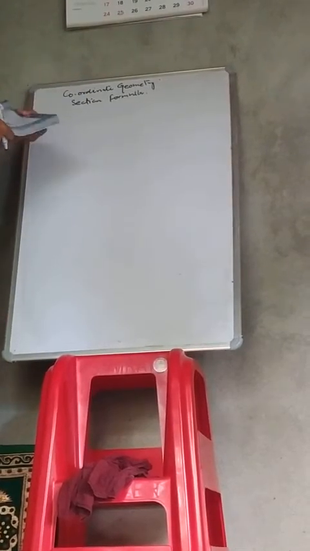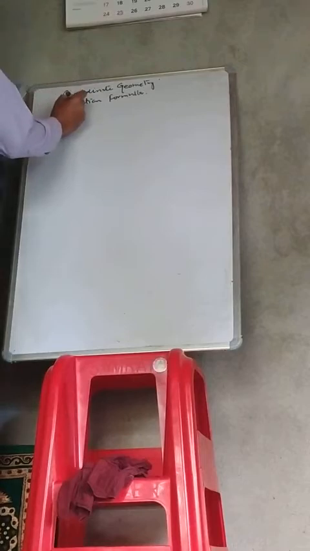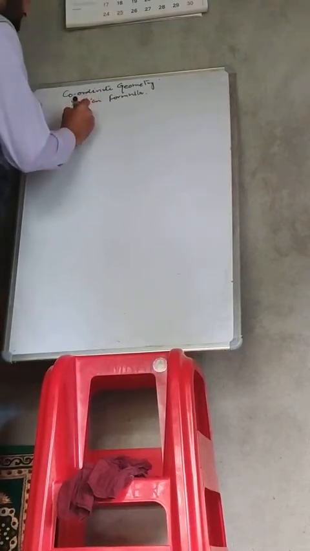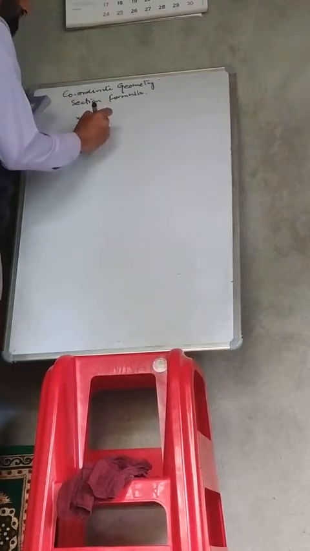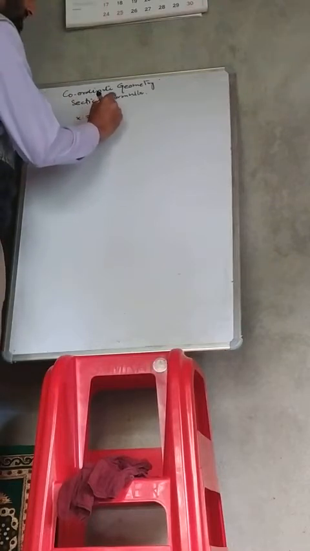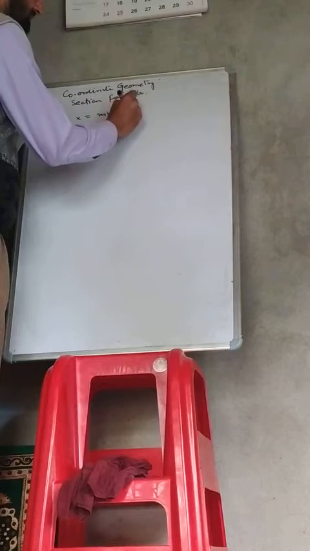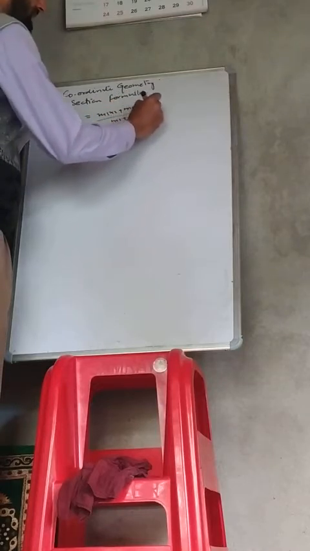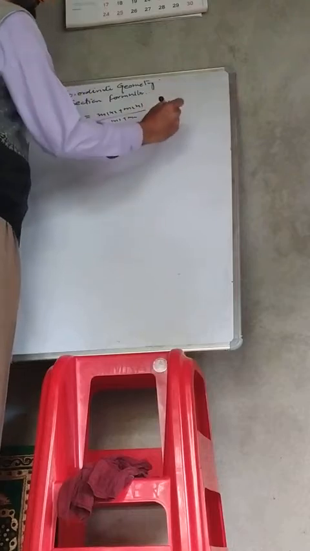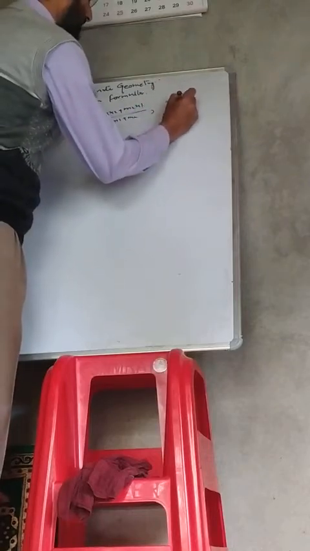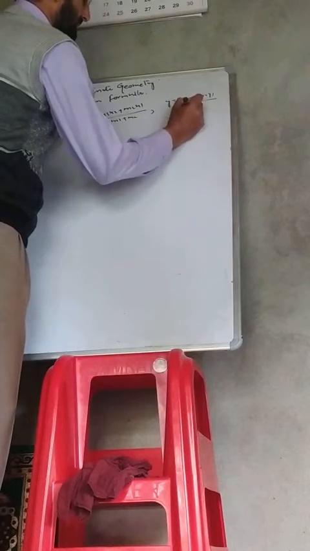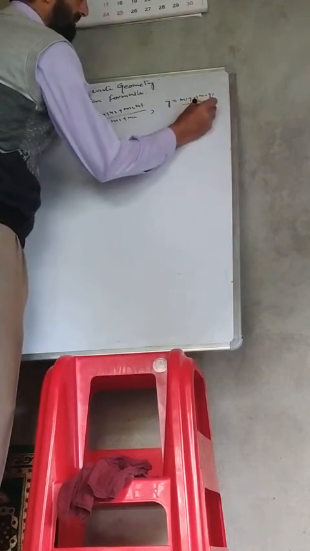And continuing with this coordinate geometry, we have derived the section formula in our previous lesson. That is, x coordinate is equivalent to m1 x2 plus m2 x1 divided by m1 plus m2, and y coordinate is given by m1 y2 plus m2 y1 divided by m1 plus m2.